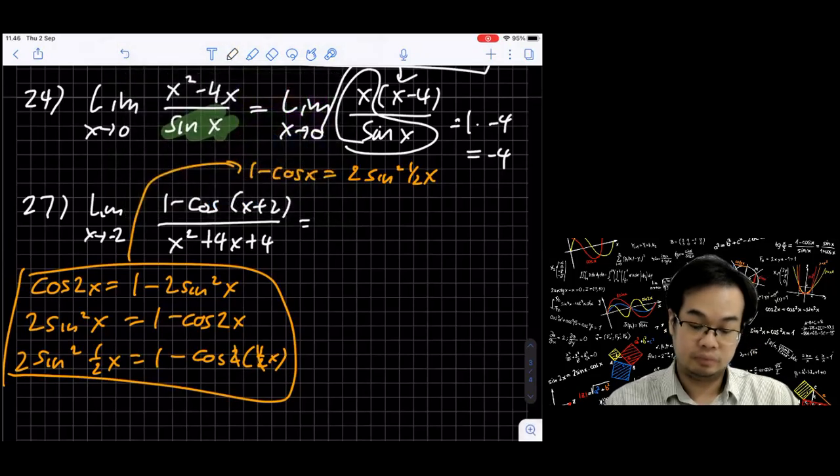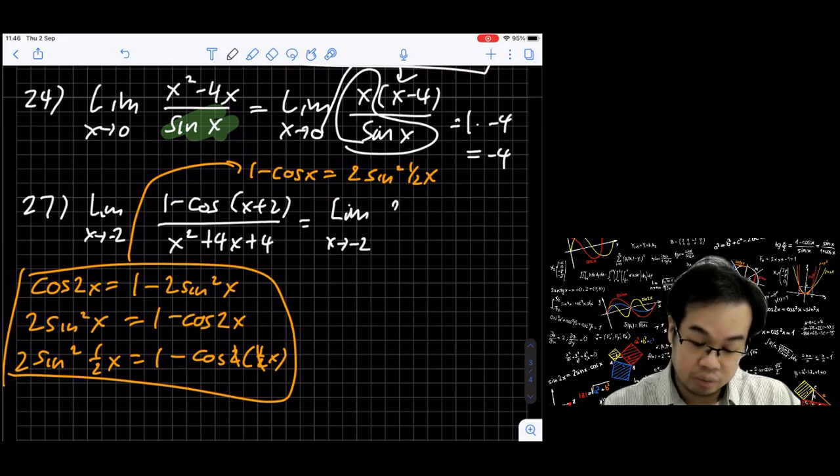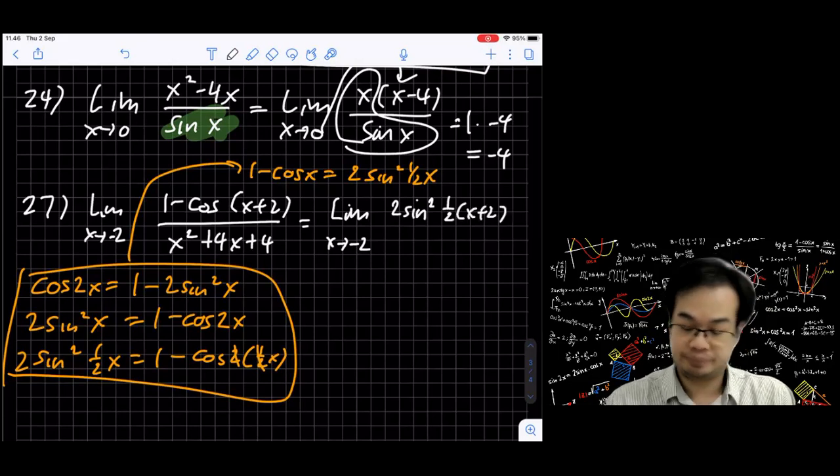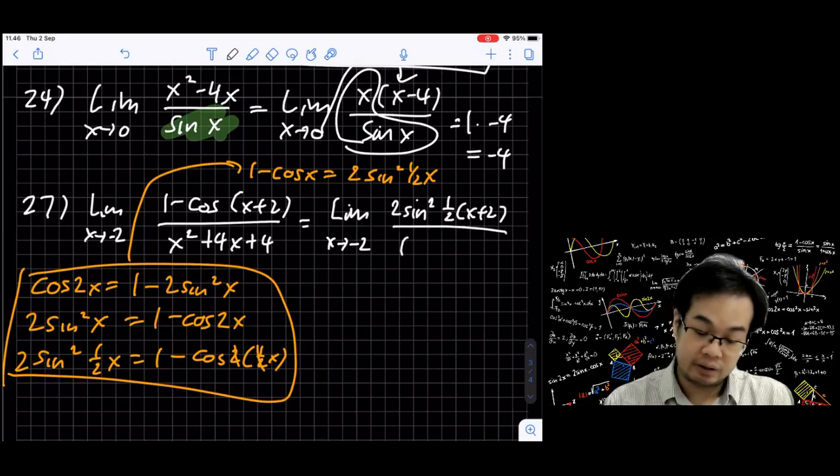Then I can continue: the limit as x approaches negative 2 of 2 sine squared of half of (x plus 2), over (x plus 2) times (x plus 2).